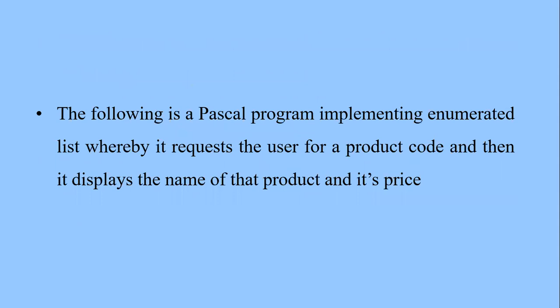Therefore, the following is a Pascal program implementing enumerated list, whereby it requests the user for a product code, and then it displays the name of that product and its price. So that's our comment. My program is called good sales.